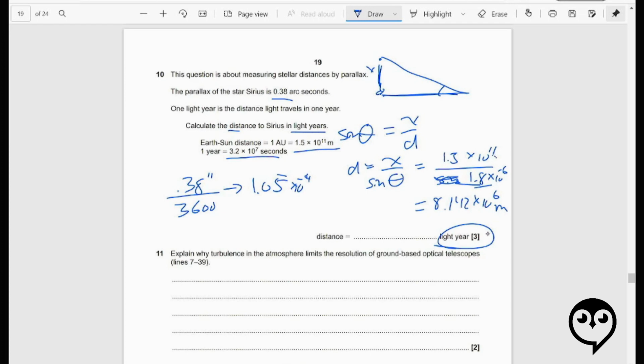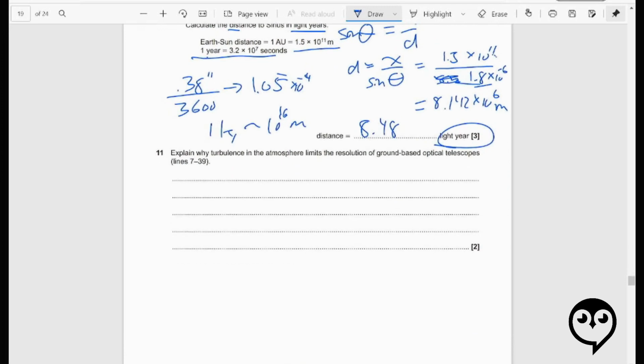So now we have to convert that into light years. Well, they're telling us that a year is that many seconds. We could just say the speed of light times 3.2 times 10 to the 7. So I'll take that number and divide by 9.6 times 10 to the 15, and I get 8.48 light years.